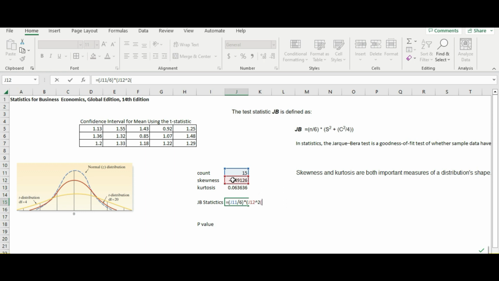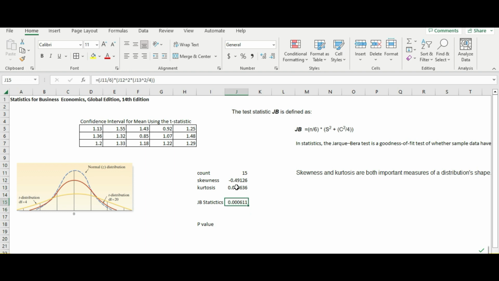And the c here is the kurtosis, again raised to the second power, and divided by 4. That is the level of kurtosis that we have.